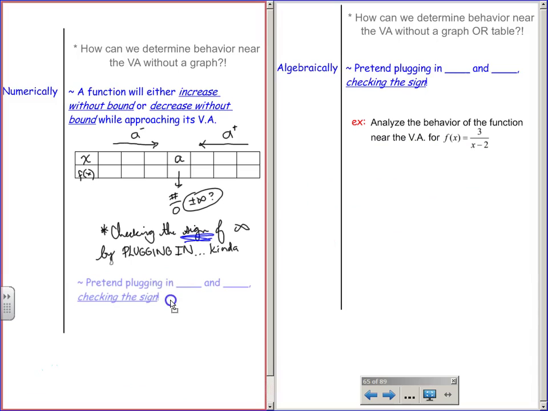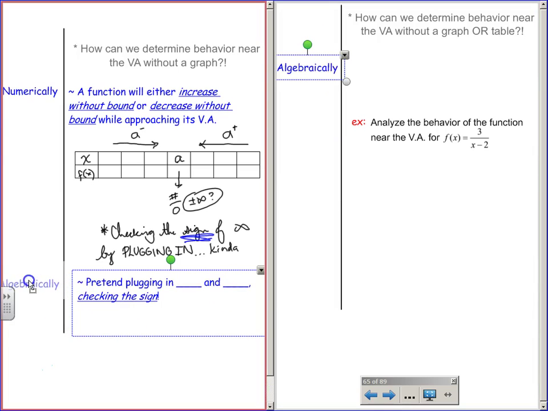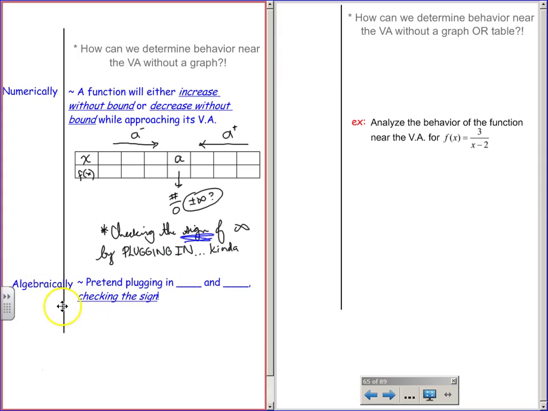So the way I put it somewhere else, technically that would be algebraically. We could pretend plug in. That's why I said kinda up above.